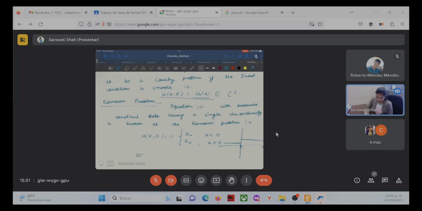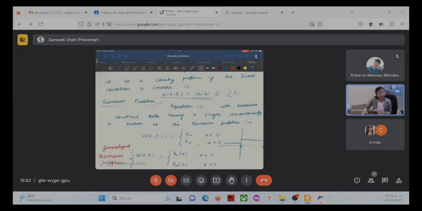Now if u(x, 0) equals u minus of x and u plus of x, then this falls in the category of generalized Riemann problem. So why is it generalized?